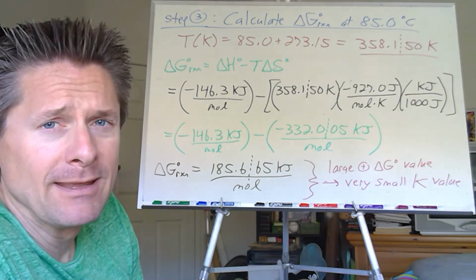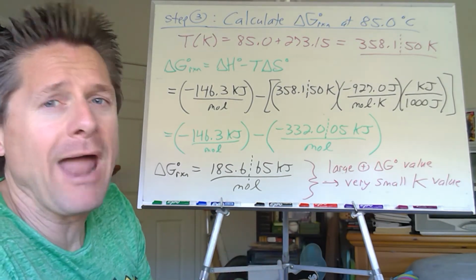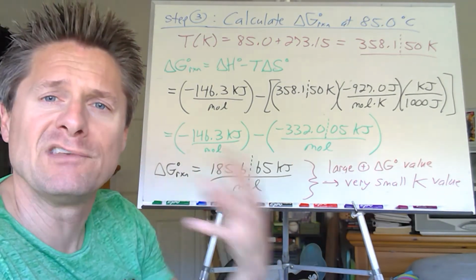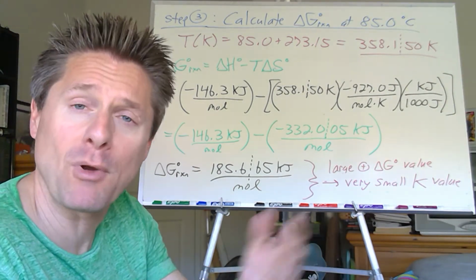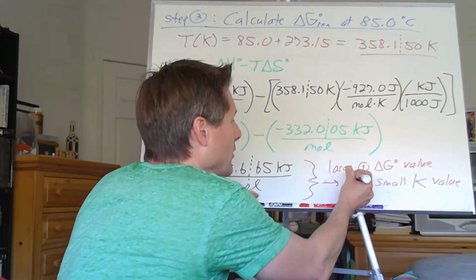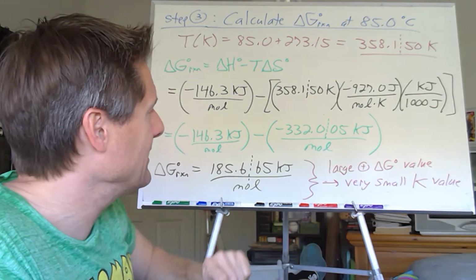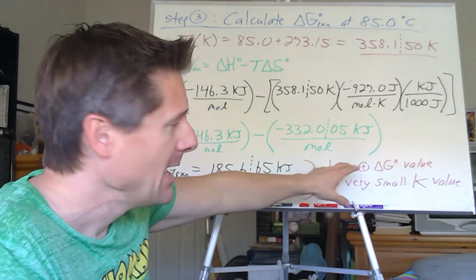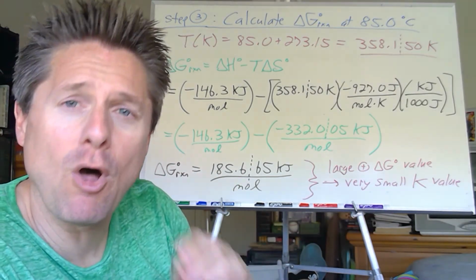What does this mean? From one of the prior videos, we had these three different situational graphs where we looked at these curves and what delta G meant and how that impacted K values and whether it was reactant favored or product favored. Well, a large delta G value, positive, right? Positive means non-spontaneous in the forward direction. But a large delta G meant you had a very, very small K value.